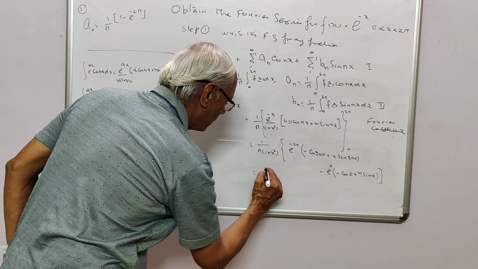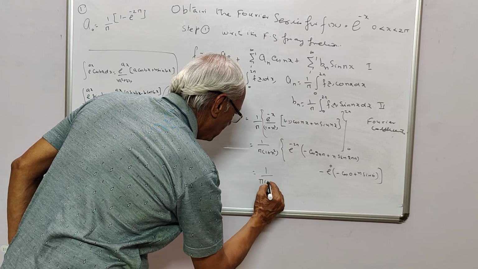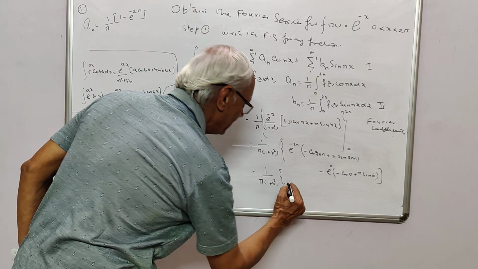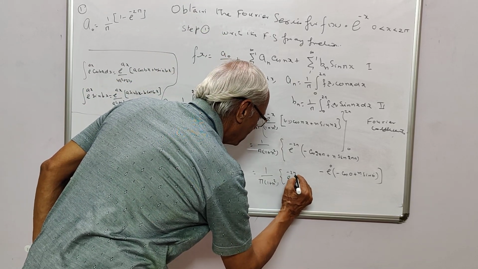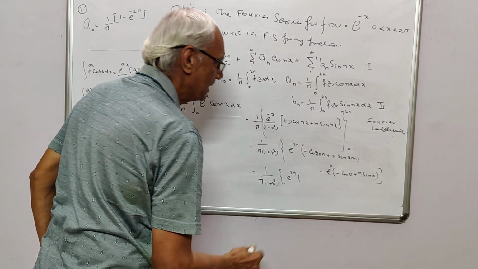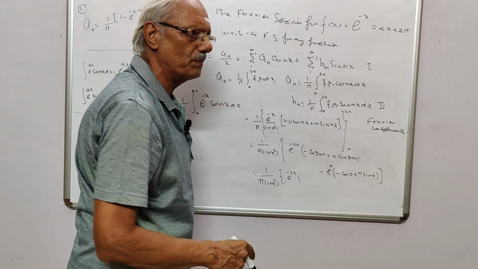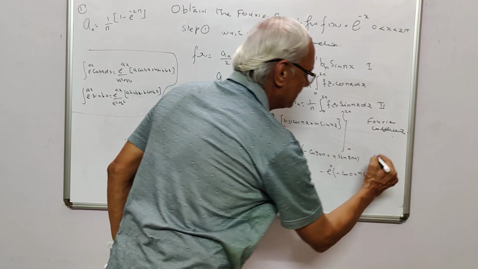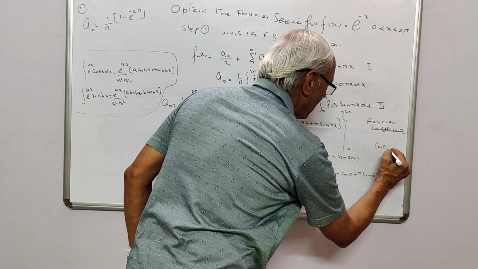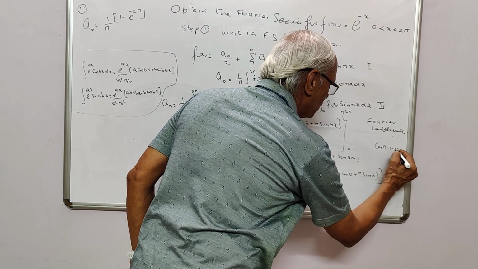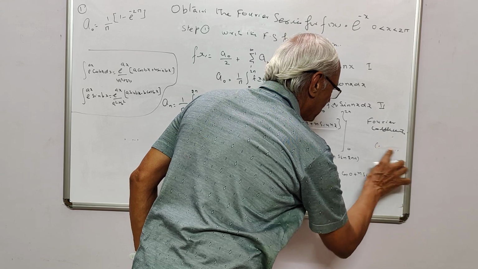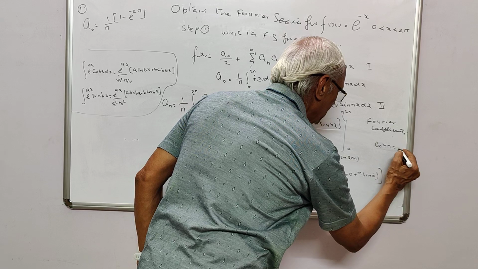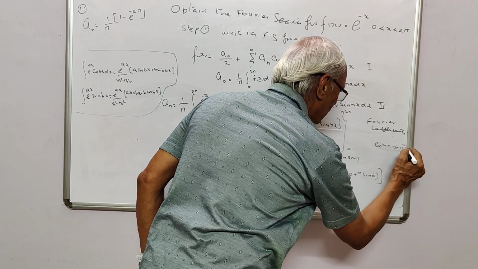Now this is equal to 1 by pi into 1 plus n squared, into e to the power of minus 2 pi within brackets. Now what is cos 2n pi? You must know that cos n pi is equal to minus 1 to the power of n.